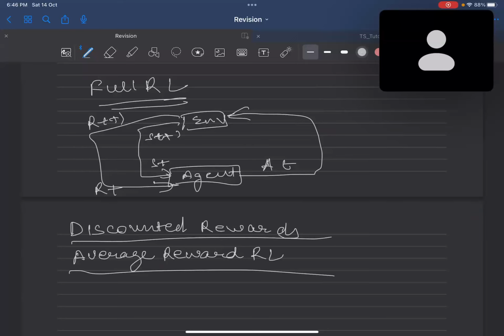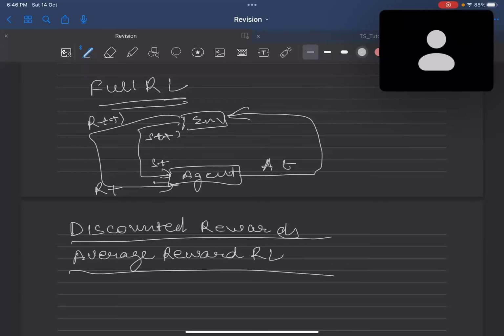Actually, some say that, okay, I am in the state, I take that action, and then the reward is given to me, I go to the next state. Yeah. Some say that it is R_{t+1}, basically we are entering the next state. Or we can say R_t also, we are in the same state. I don't think it matters a lot. I'm in a state, I take the action, then the reward is given to me, and then I'll go to the next state. Just remember this. Okay. Reward is given to me, then go to the next state, or after the next state? No. After going to the next state, I'll get the reward, and then I'll go to the next state.